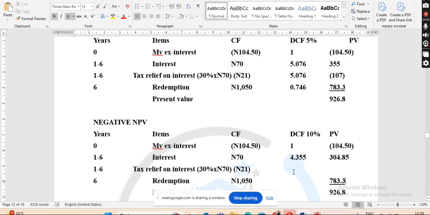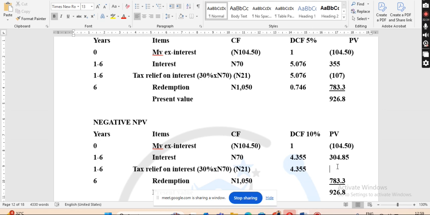This one will still use the same interest rate, the DCF using annuity. So what do we have here? 91.46. That is high. 91 plus 304.